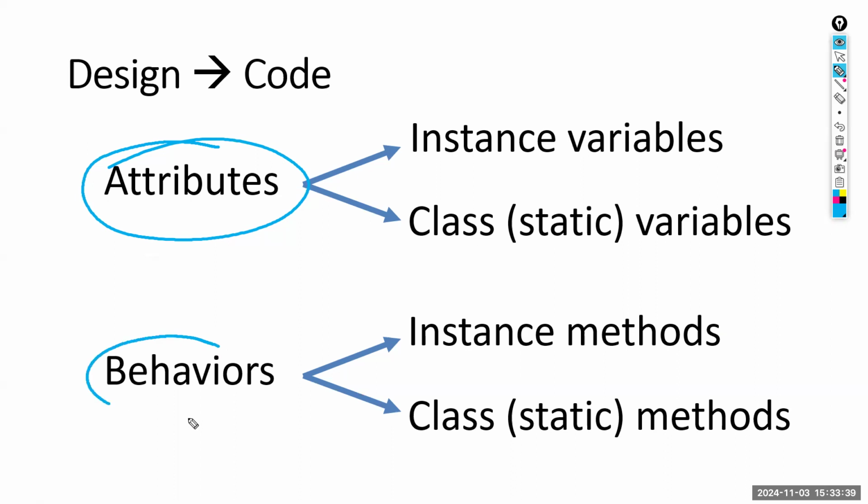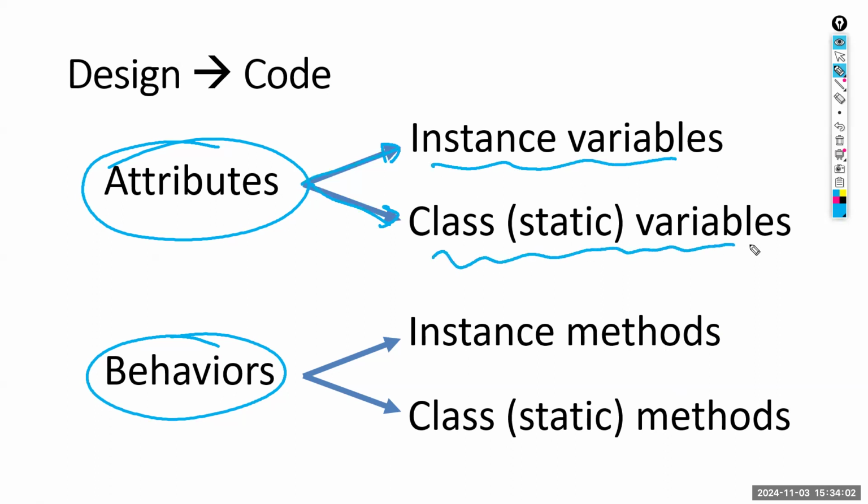If it is an account: account number, balance, account type, interest rate are attributes. Behaviors: deposit, withdraw, add interest. Now when it comes to coding, these attributes map to either instance variables or class variables, sometimes called static variables.